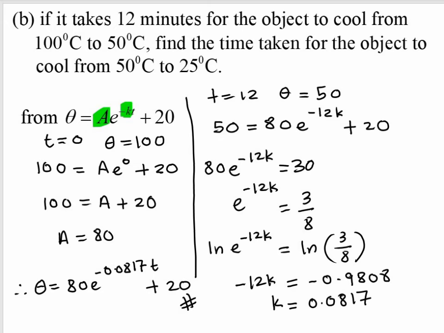And then let's find the time taken for the object to cool from 50 degrees Celsius to 25 degrees Celsius. So to do this, first we are going to find t when theta is 25 degrees Celsius. So 25 equals 80 e to the power of negative 0.0817 t plus 20.